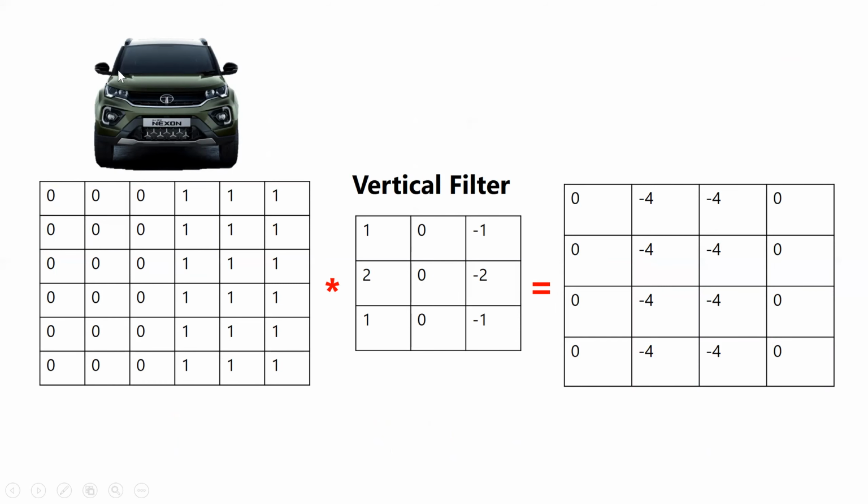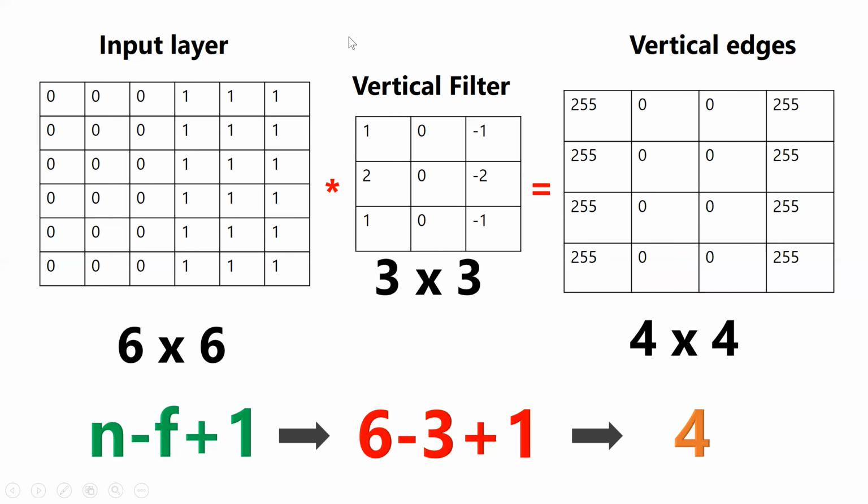That means there should be some data here, and some data here. That's how it is identified. 255 means here we have some data, on the left side we have some data, and on the right side also we have some data. In between we haven't identified anything, because in between there would be only the horizontal axis, right? So the vertical edges are at the sides. This is the motive of applying the vertical filter.